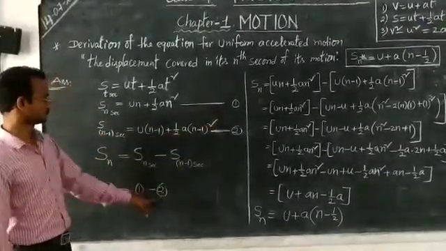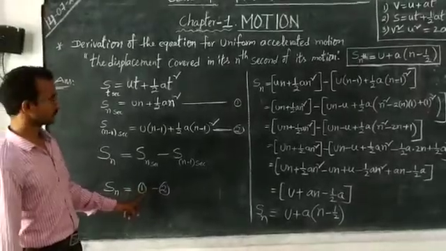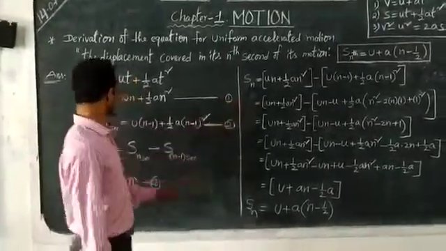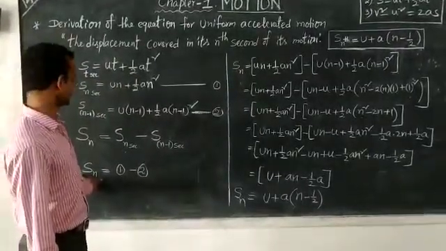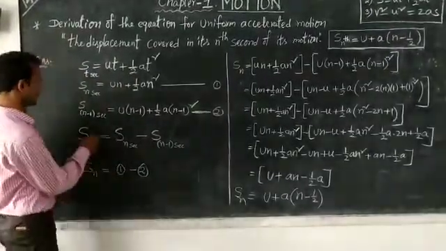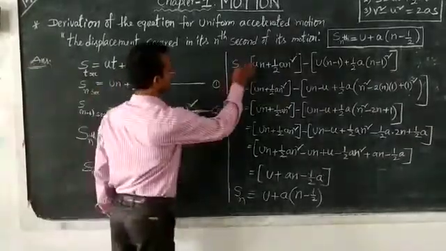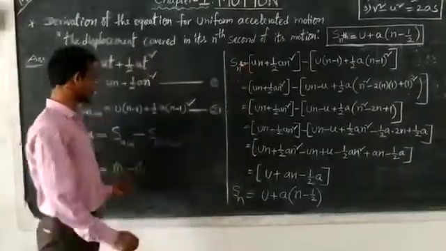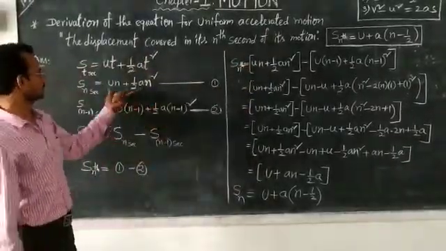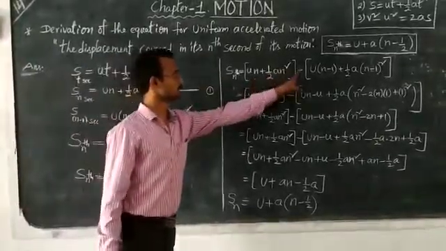So subtracting equation 2 from 1, what do I get? The displacement in the nth second, Sn, can be written as equation 1 minus equation 2. Equation 1 is un plus half an square.